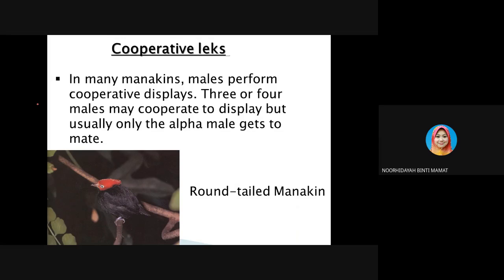In many manakins, the birds, the males will perform cooperative display, where 3 or 4 males may cooperate to display in one lek, but usually only one alpha male gets to mate. They have this alpha male make a display in one lek, because a larger lek may attract a larger population of females. This is the figure of the round-tail manakin.